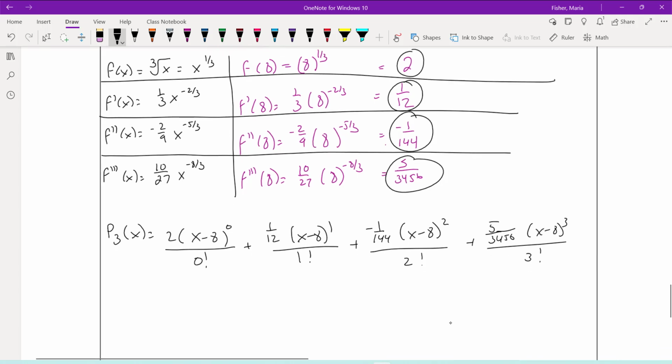Now if we were just to clean this up, remember this is really just 1, this is really just 1, and that's really just 1, so you can ignore all of those.